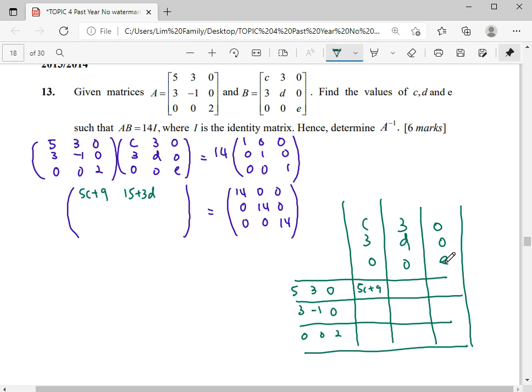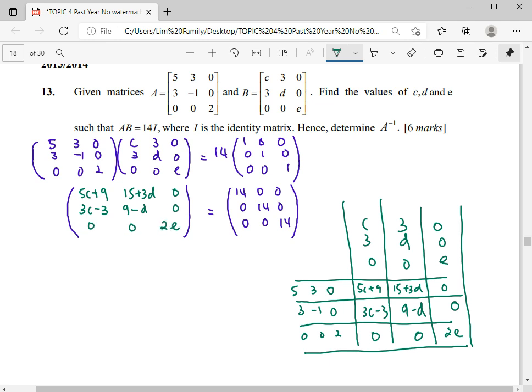Continue 0, 0, then 0E, 0. Okay, so this is how you work it out. I write it back in matrices: 3C minus 3, and then 9 minus D, and then 0. Then the answer here is 0, 0, 2E.